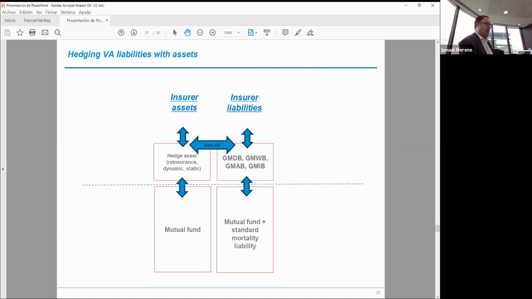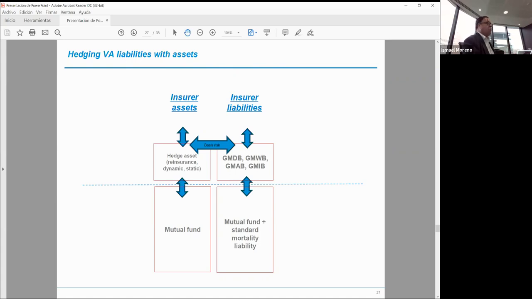They sit on the liability side of the balance sheet. How do you cover it? Well, you need something to invest in that basically mirrors the financial behavior of the liability on the asset side. If the value of the guarantee goes higher, then the value of the asset needs to go higher. What sort of asset?